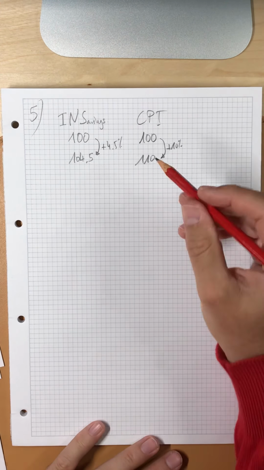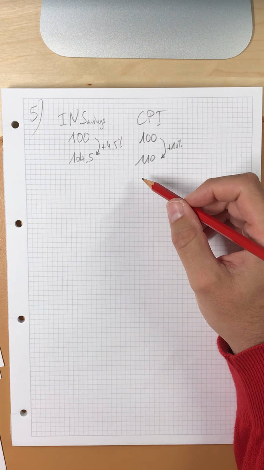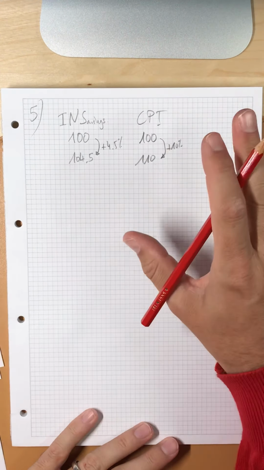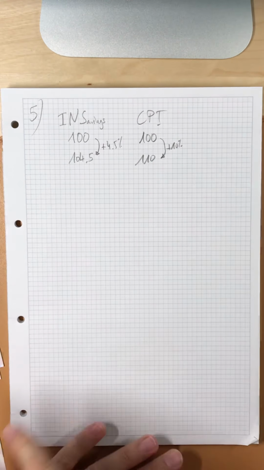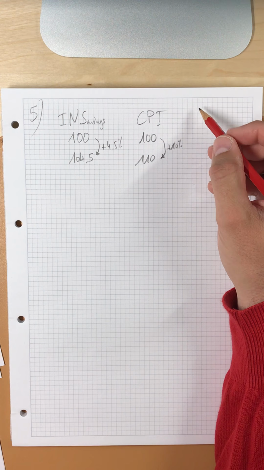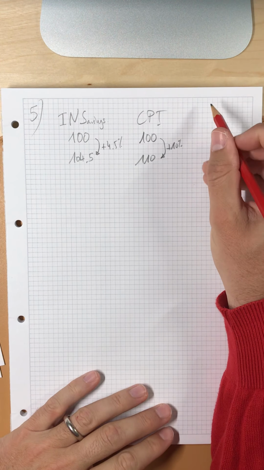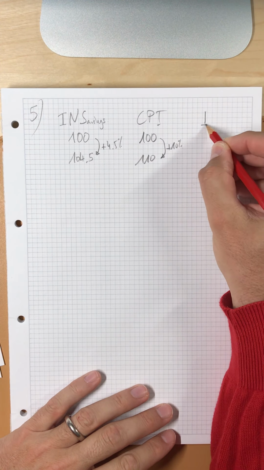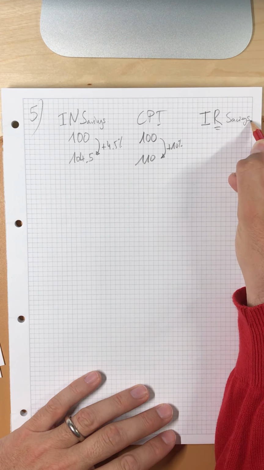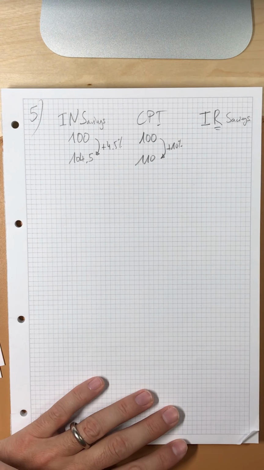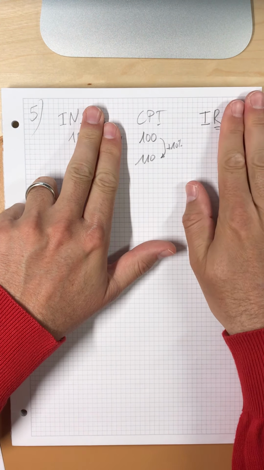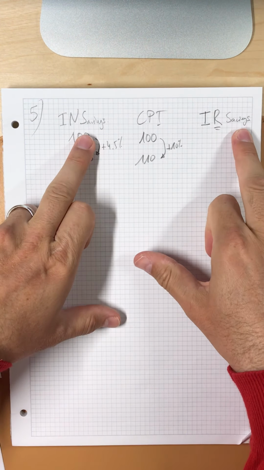The question is to calculate the percentage change of the purchasing power, and always calculate the real value. When you hear or read purchasing power, it's the real value. So you are going to calculate the index of real savings. Remember, in the previous exercises we had the index of nominal income and the index of real income; just replace it with your savings.